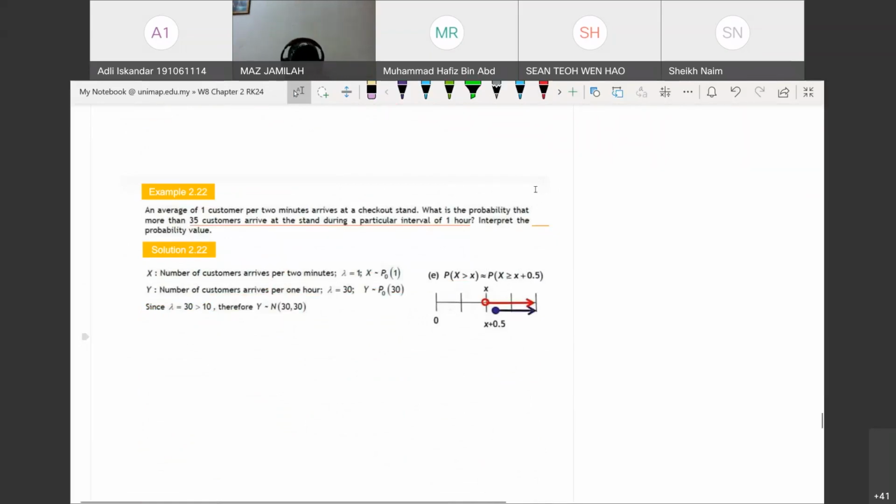An average of one customer per 2 minutes arrives at a checkout stand. What is the probability that more than 35 customers arrive at the stand during a particular interval of 1 hour? Okay, so in your case, it mentioned the supermarket checkout counter.